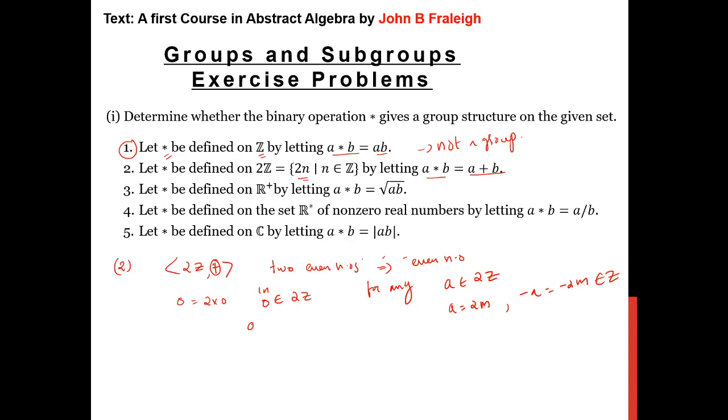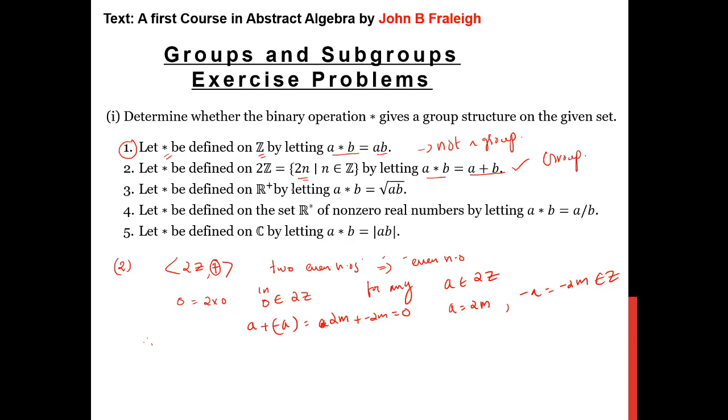So a plus minus a, which is 2m plus minus 2m, equals 0. Therefore, the inverse also exists in this set. Hence, the second one is a group.